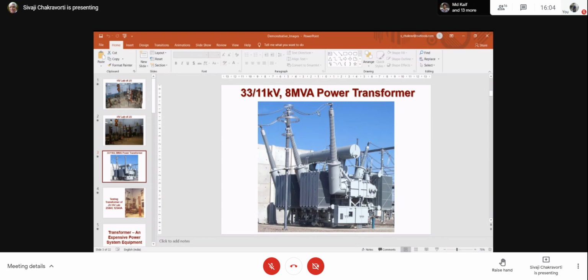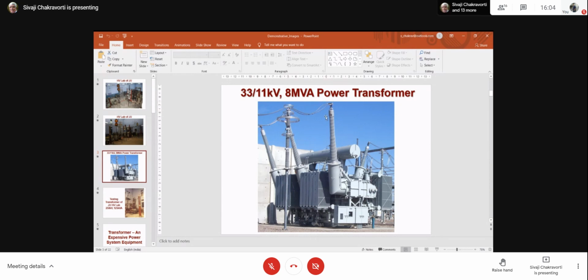That means this conductor will be connected to the transmission line on the left side, and that will go for another 100 kilometers. So lightning can come, or rather lightning overvoltage can come, but that should not be allowed to reach the transformer terminal. So before the transformer terminal, we have put a lightning arrestor so that if lightning comes from the left side, at this point, it will be bypassed to earth.